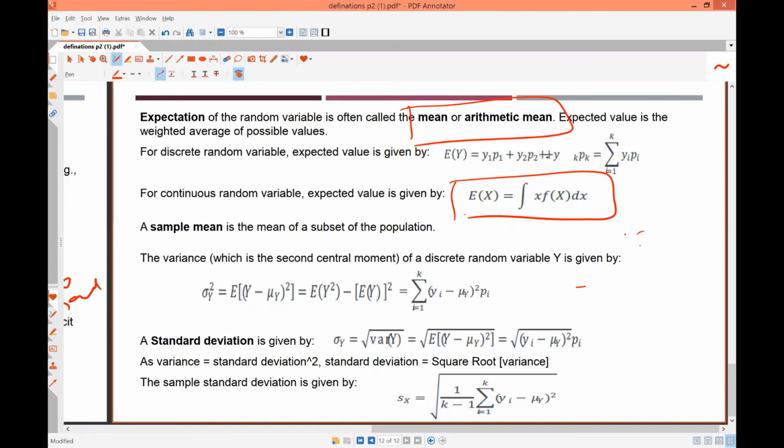Then variance. We will see it when we calculate it, but variance gives you the variation from the mean. So what we try to do is take each actual observation and the mean, calculate the deviation for all of the observations, square it, and add it up. That gives me the variation from the mean.